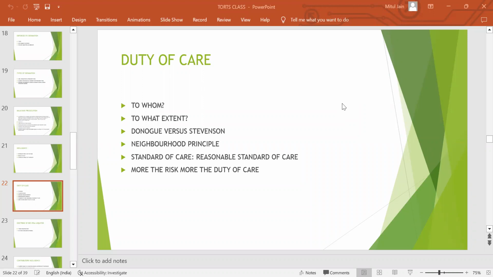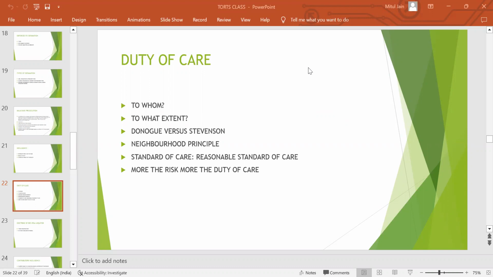Just remember that this is the ginger beer bottle case. So the end user can also claim compensation provided he or she is affected.